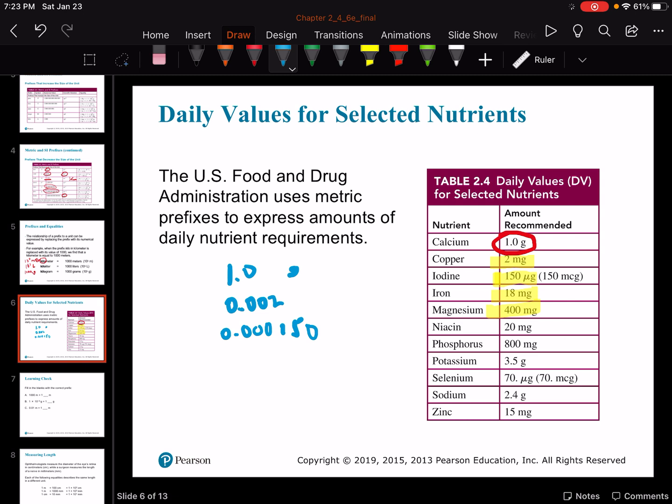Iron is 0.018 grams. You can see how these numbers are not nearly as clean, right? Niacin is 0.020 grams. These just aren't nearly as neat as if we use the prefixes. We get numbers that are nice and clean if we use prefixes. And that's what that's about.